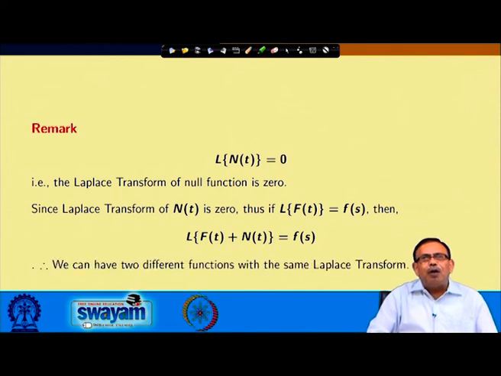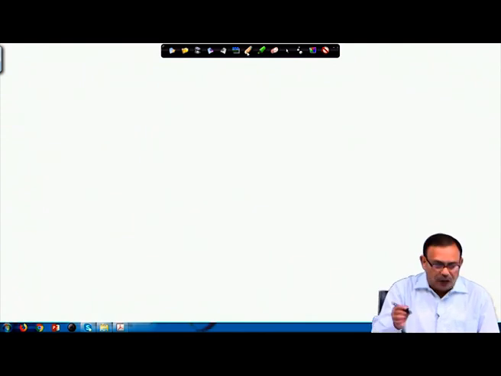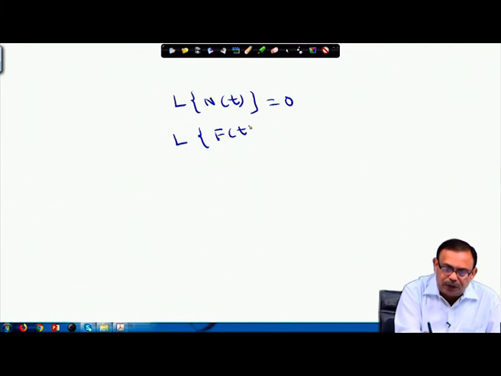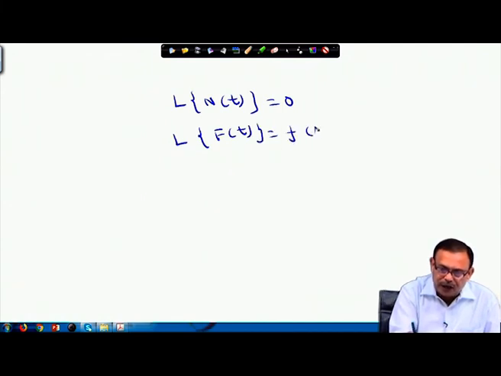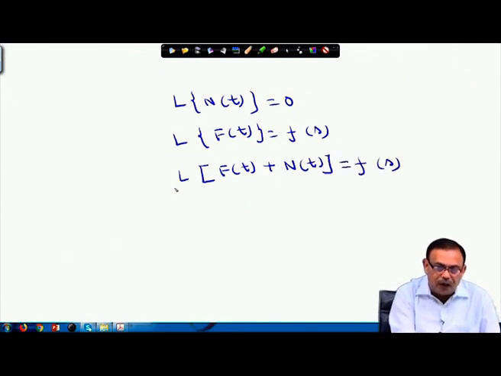I am saying the Laplace transform of the null function n(t) is 0 and if I have a function f(t) whose Laplace transform is F(s), then from the basic property I can write down the Laplace transform of f(t) plus the null function is equal to F(s).